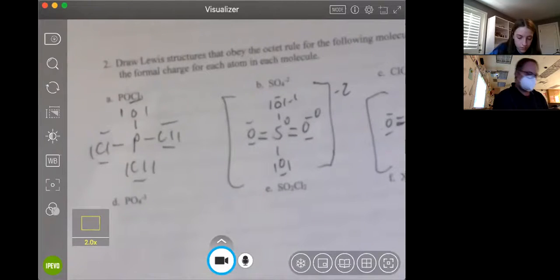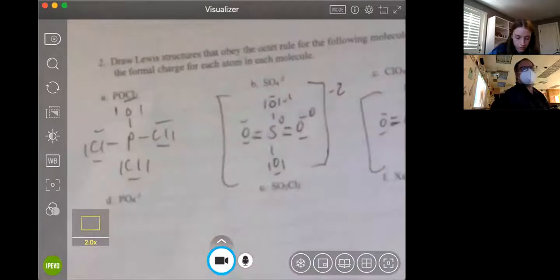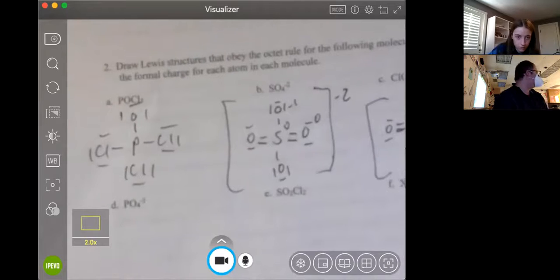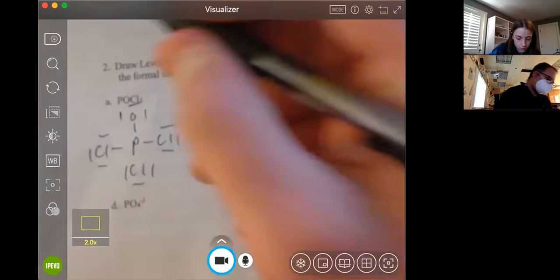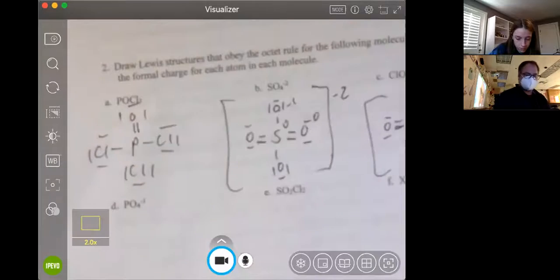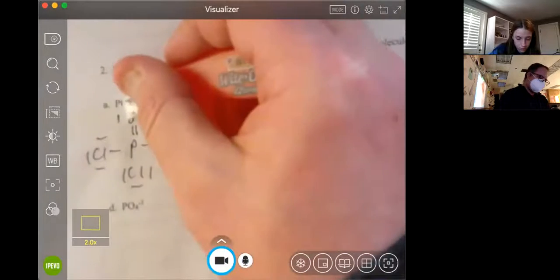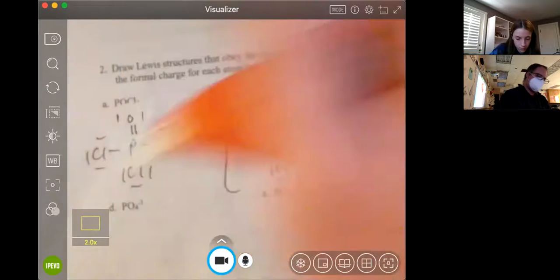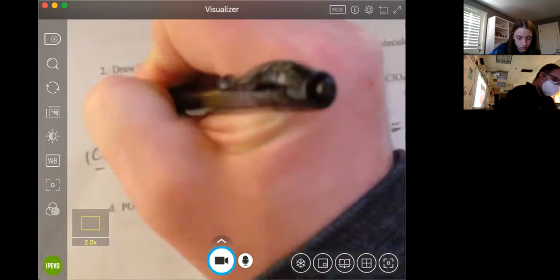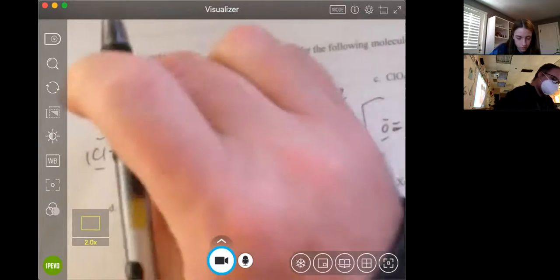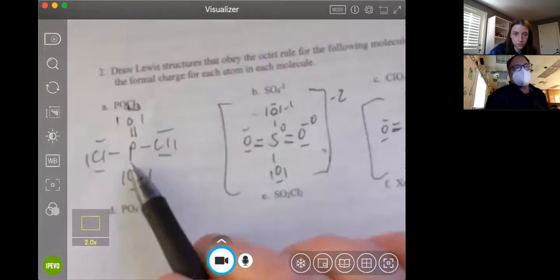Add a double bond. How, to the Cl or to the O? To the O. Why can't we do it to the Cl? Wouldn't that make the formal charge not 0? Yeah, right?